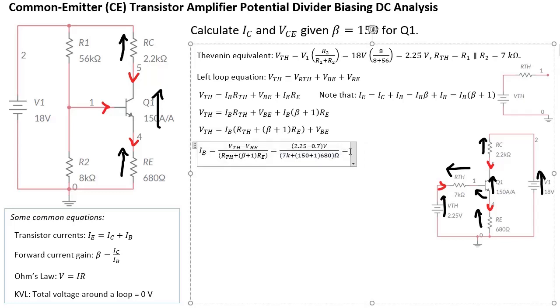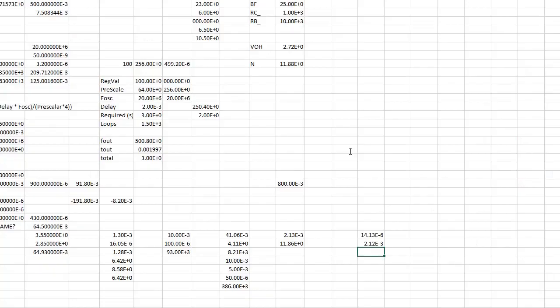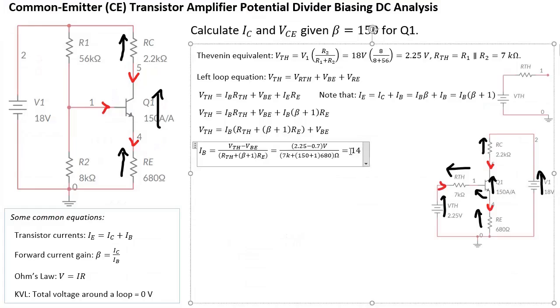So that's going to be equal to 14.13 microamps. So that's our IB.